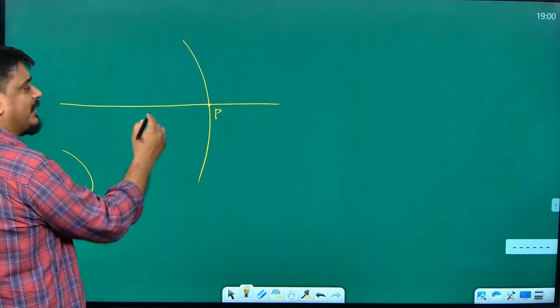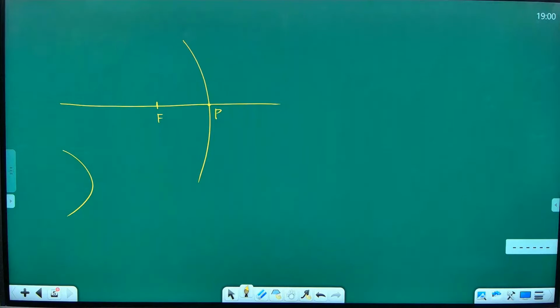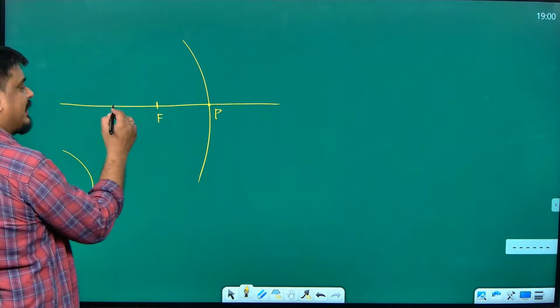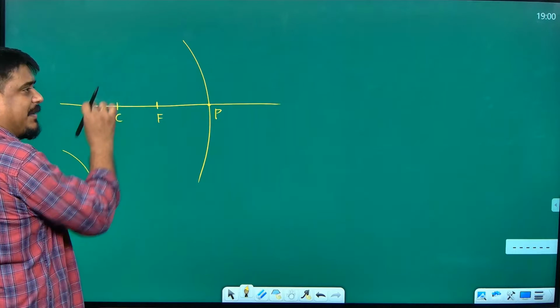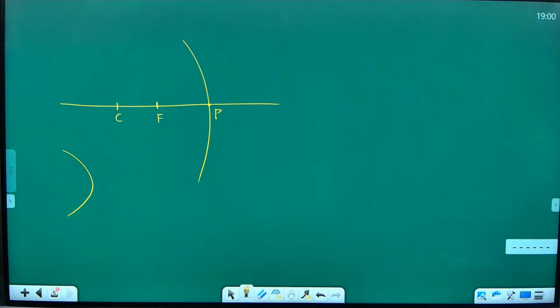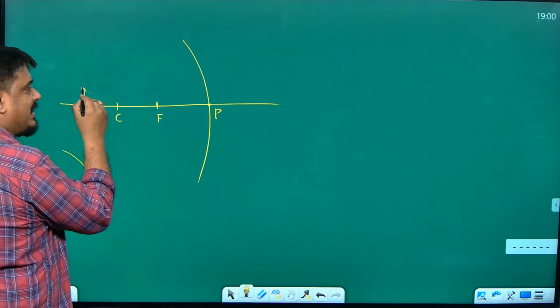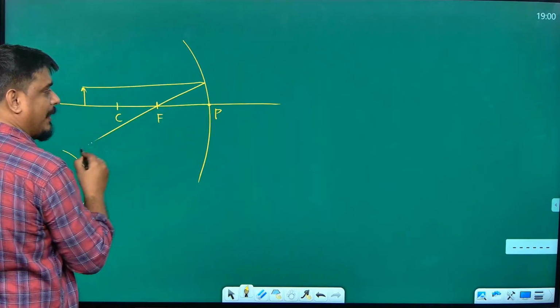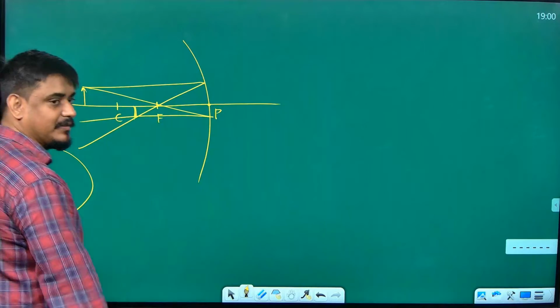I recommend 5 centimeter from my experience. You can take 3 centimeter also. Then take another 5 centimeter and mark C. Now take an image, a 3 centimeter tall image, and draw it like this. Now by scale, draw a parallel line, pass a ray through focus, and see where it is meeting.